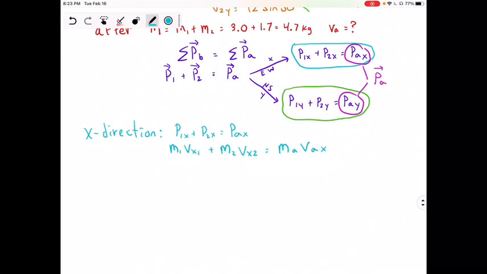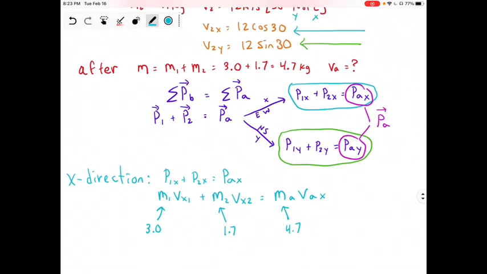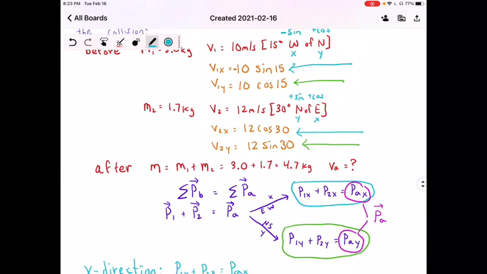We know the first mass is 3 kilograms. We know the second mass is 1.7 kilograms, and we know the total mass after is 4.7. We also have the two x components of the velocities before. So we have v1x is negative 10 sine 15.